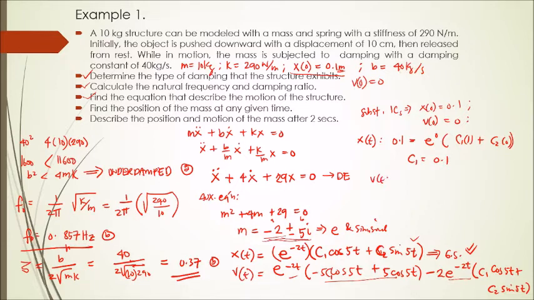Then for v of t, we substitute 0, 0 kani. Then you will have 0 equal to 5 C2 minus 2 C1 is 0.1. Then our C2 is actually 0.04. Okay, C1 and C2.